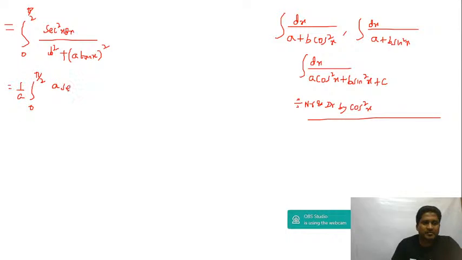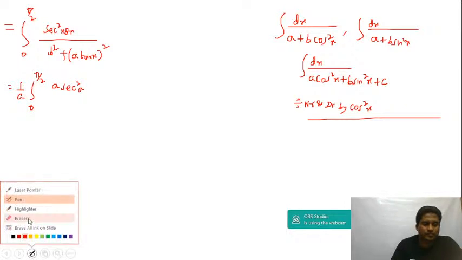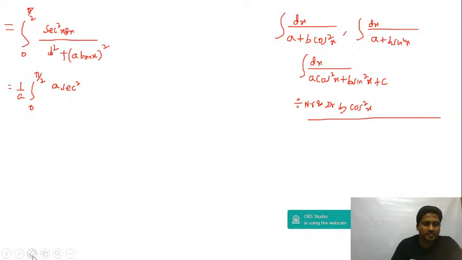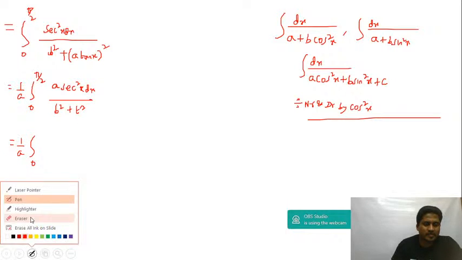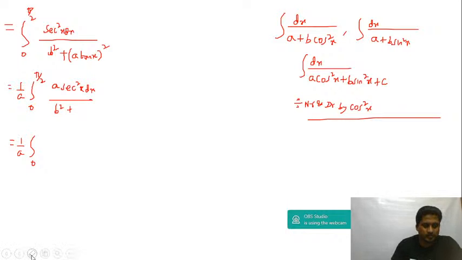Divide by a and multiply by a. And then this is equal to b² plus t². Now 1 by a you keep as it is. This is (a tan x) the whole square.